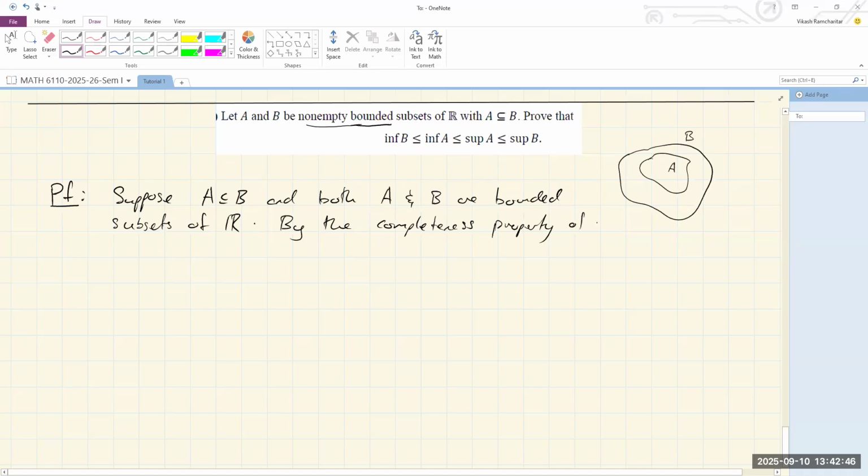So by the completeness property of the real numbers, the supremum and the infimum of A and B exist. So now I know that these numbers, supremum A, supremum B, infimum A, infimum B, whatever these numbers are, they exist.